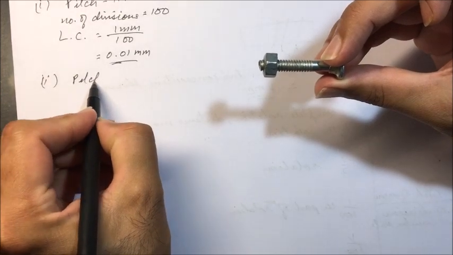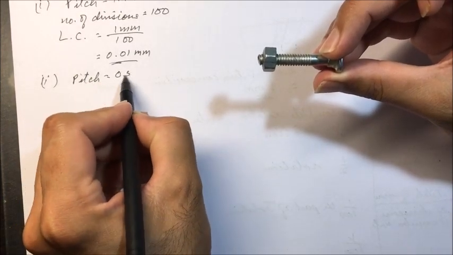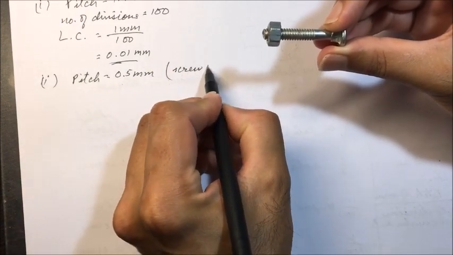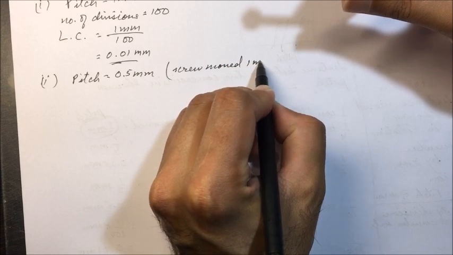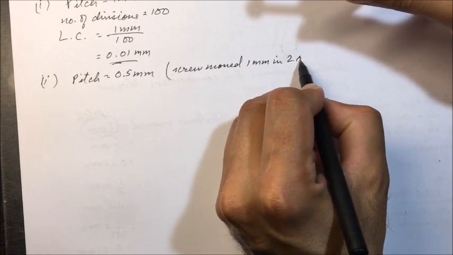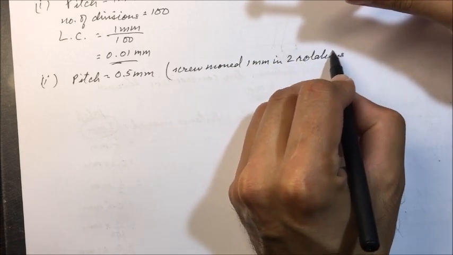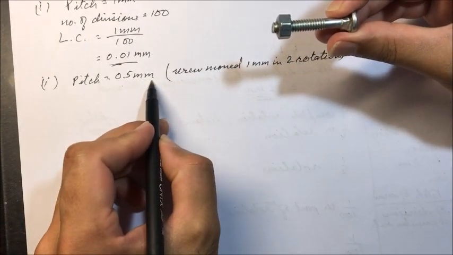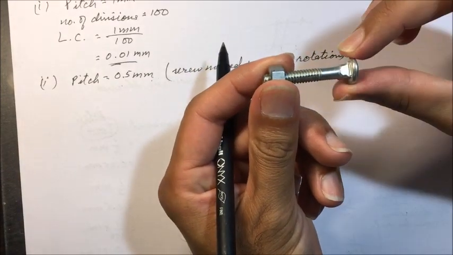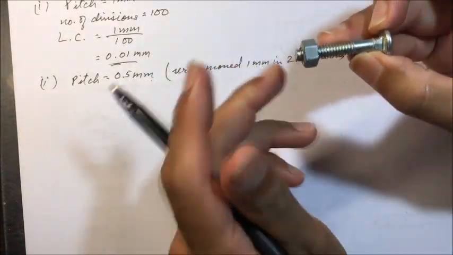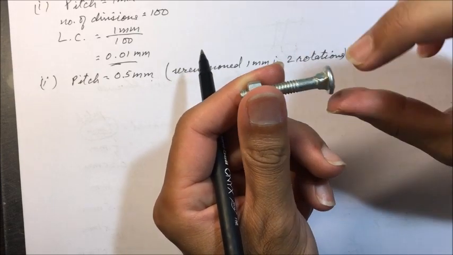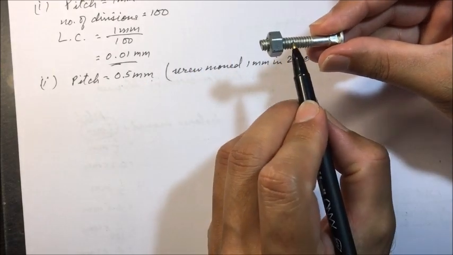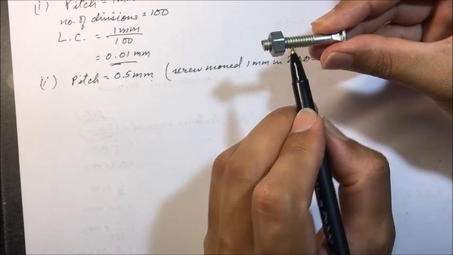So the pitch will be 0.5 mm, that is how much distance the screw has moved linearly along the axis when we give it one complete rotation, or the distance between two threads, that is the pitch.